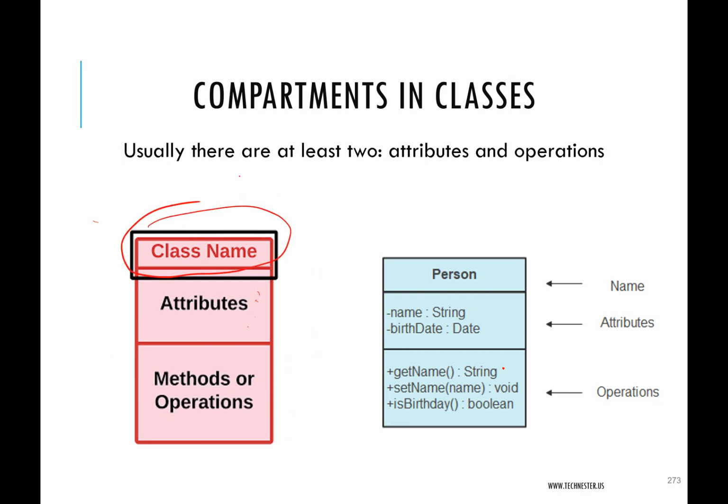For example, a person will have some properties, right? A person will have a name. A person may have a date of birth. If he's a person, he should have a date of birth. The person may have sex, may have blood type, right? These are attributes, depending on the system you are developing and what attributes you need.